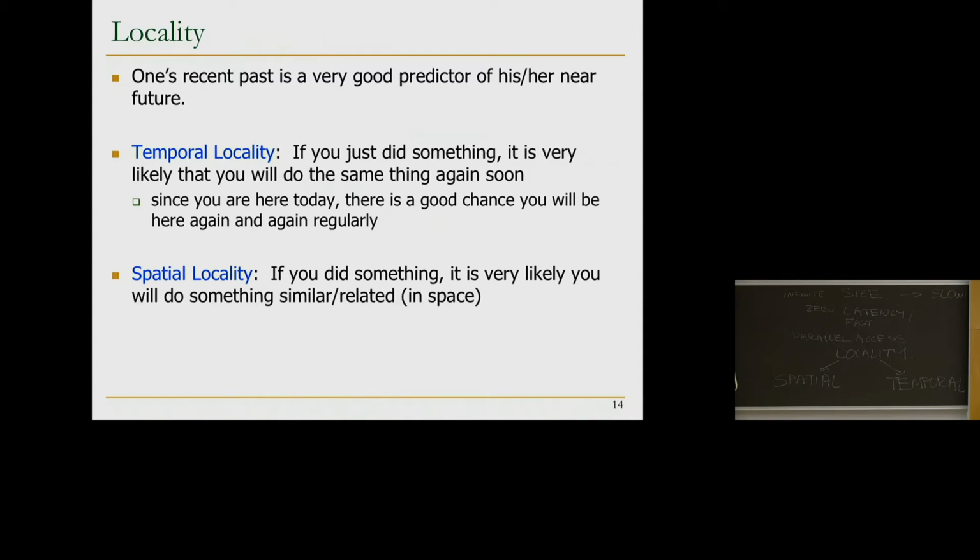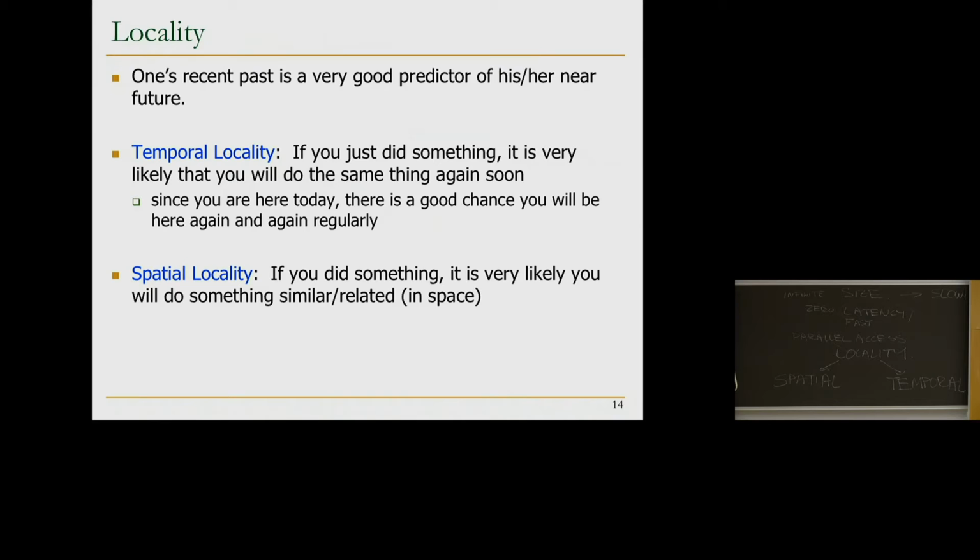Spatial locality is if you access a data structure, it's very likely that you are going to access the next data location as well. It's very likely that you have an array, and that array is distributed into consecutive memory addresses.